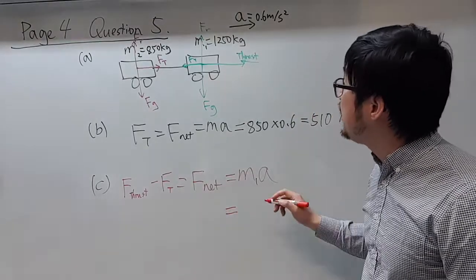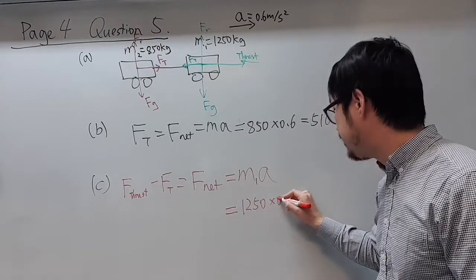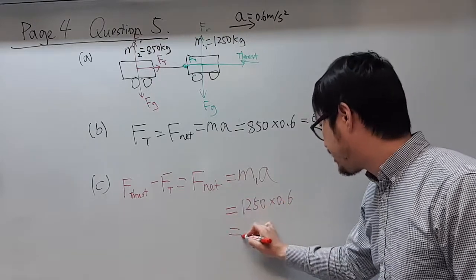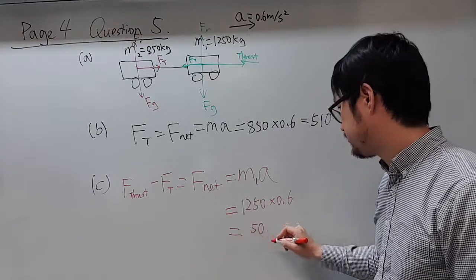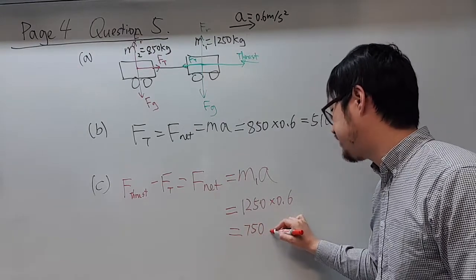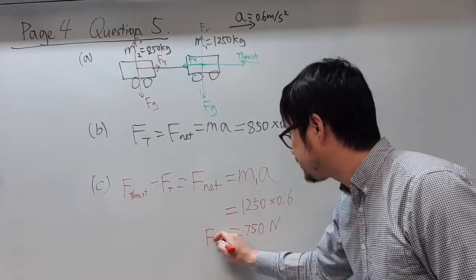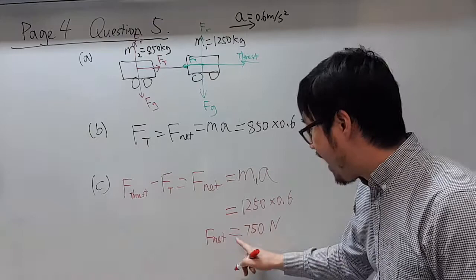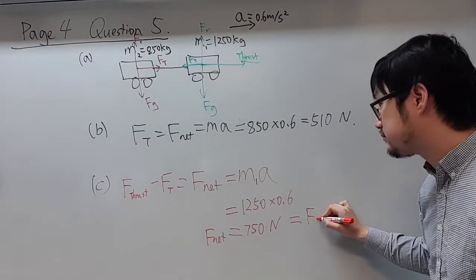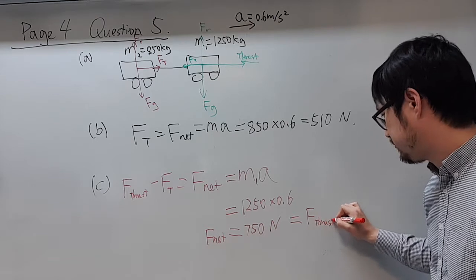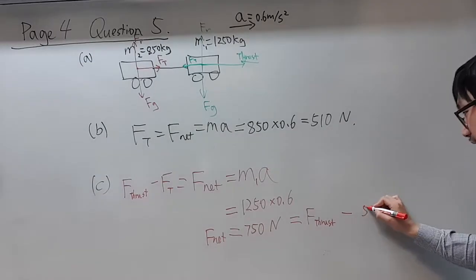Okay, so I go with this. ma, that is mass 1,250 times 0.6. Then put that in the calculator. 750 newtons. And that's my net force. And that will equal the thrust force minus the tension force, which equals this one, 510.